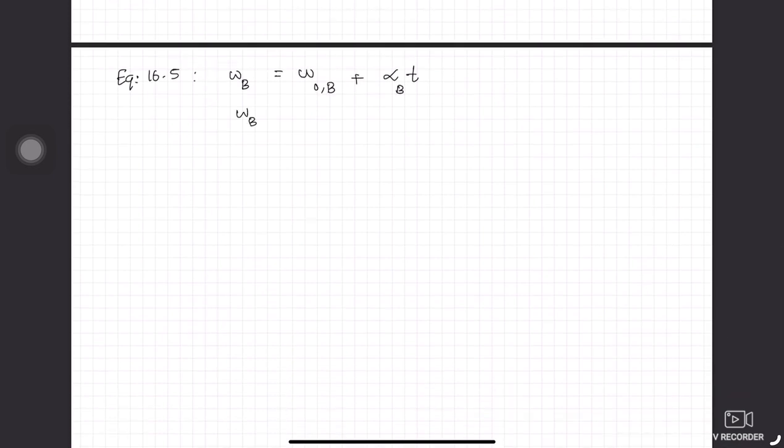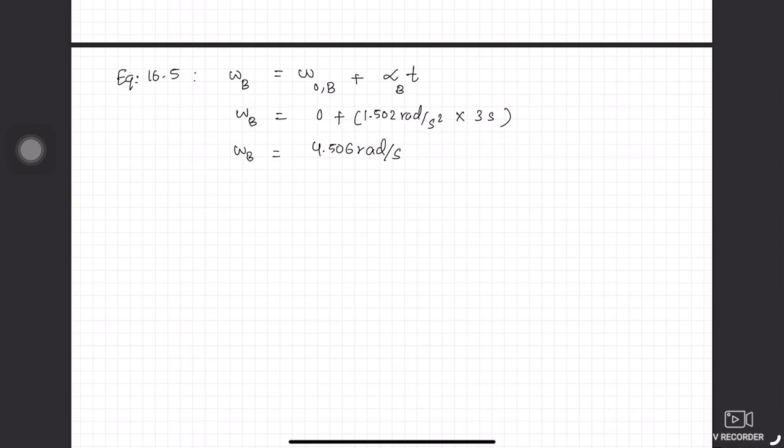So omega B equals 0 plus 1.502 radian per second squared times 3 seconds, as this problem requires. So omega B is equal to 4.506 radian per second.